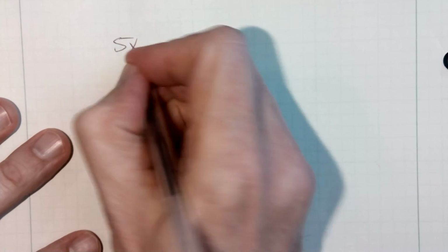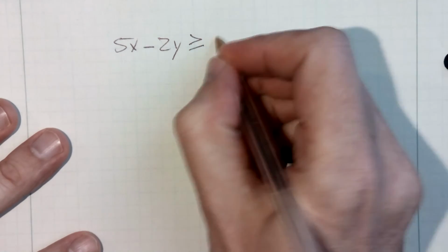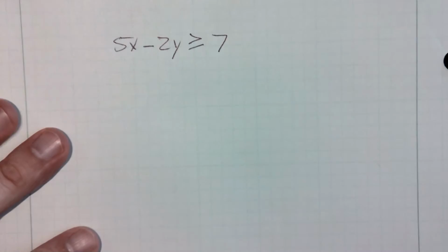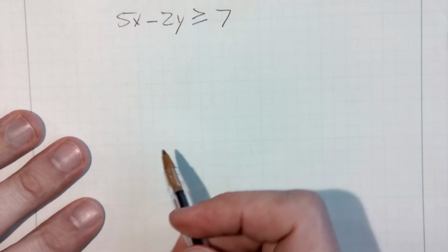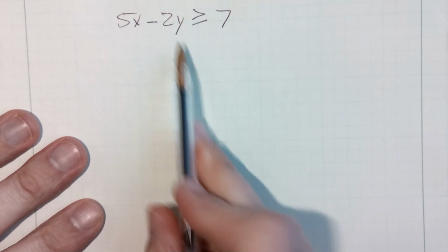So when we're solving linear inequalities, if you have something like this, 5x minus 2y is greater than or equal to, and I don't even care what the number is, 7. When I go to solve this, I've got to think about whether I ever multiply or divide by a negative number in order to isolate the y.